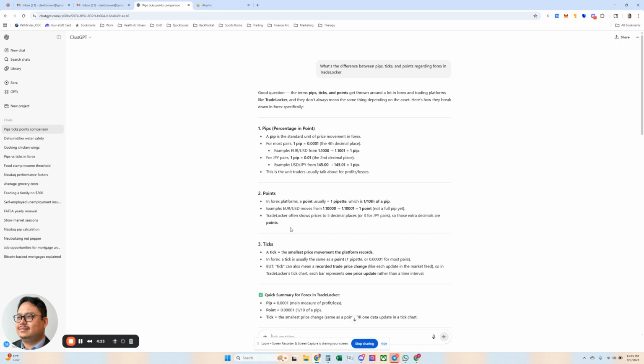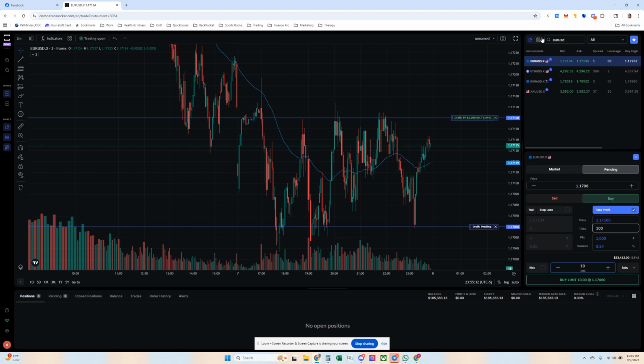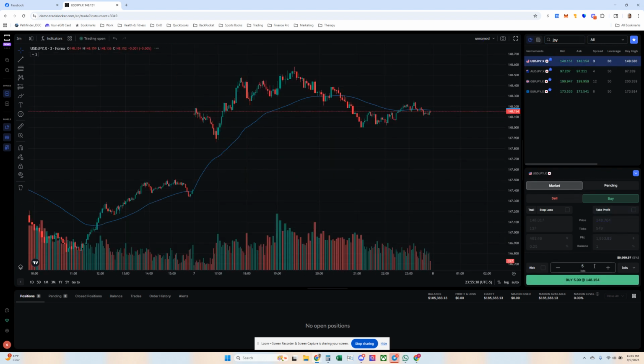When you're talking about a different example, like the Japanese yen pairs, it's the second decimal place instead of the fourth decimal place. So the example they give is USD JPY. So let's go there. Let's see, JPY. Okay, take this back down to 1.